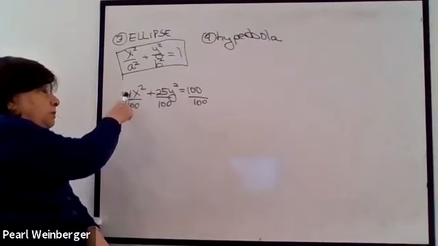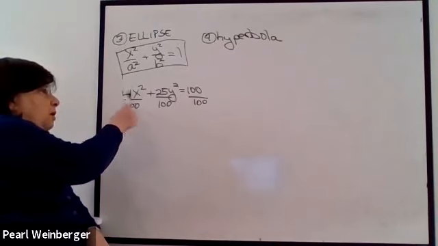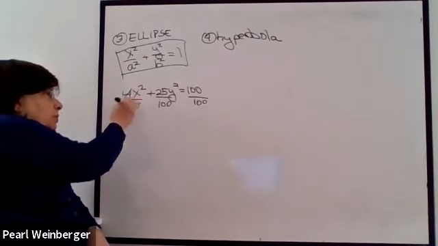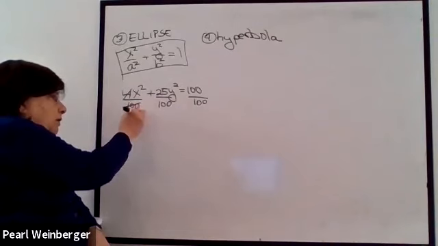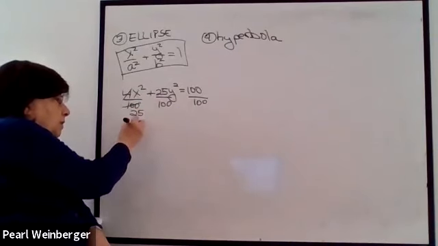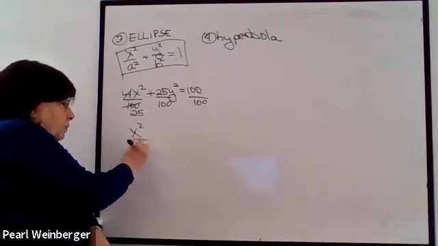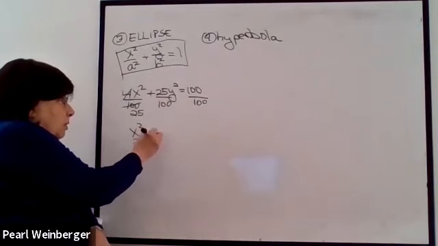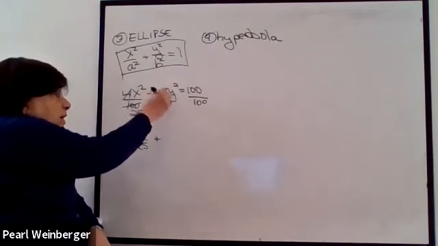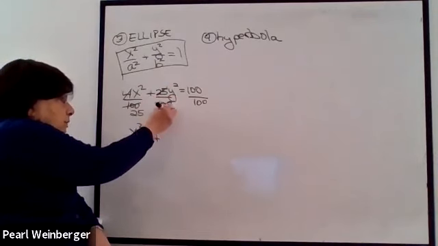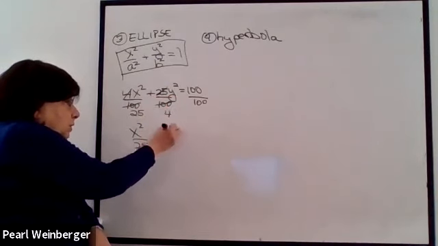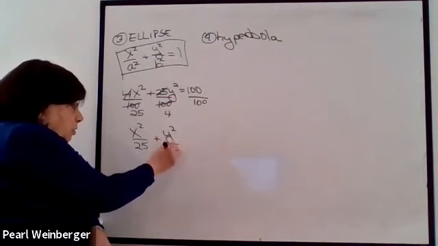And I'm going to reduce this. The 4 and the 100 cancel out. The 4 goes into the 100 and gives me 25 in the denominator. So this becomes x squared over 25. Here, the 25 cancels into the 100. That gives me 4, and I get y squared over 4.